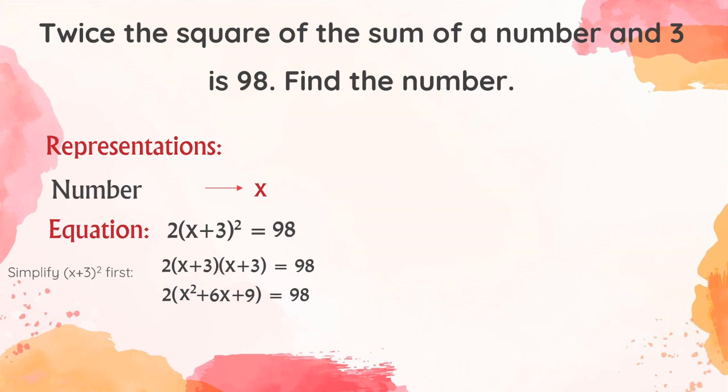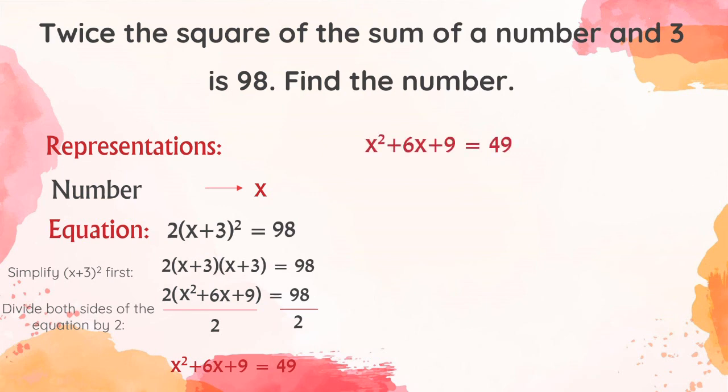Now, pwede naman natin ma-divide si 98 by 2. Kaya divide na lang natin both sides of the equation by 2 para wala nang 2 sa labas ng parenthesis. The final equation now is x squared plus 6x plus 9 equals 49. Ayan, pwede na nating i-set up yung equation as equal to 0.